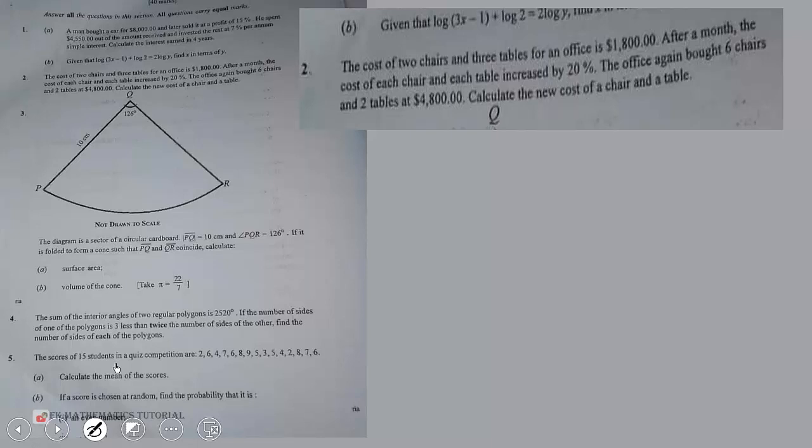So let's say that let C equal cost of chair and T equal cost of table. And we're told that the cost of 2 chairs and 3 tables, so 2 chairs plus 3 tables, will cost $1,800.